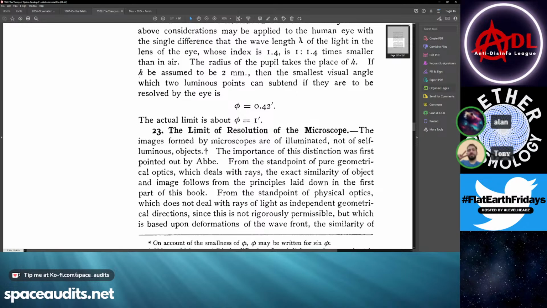Wait, so you're saying phi equals 0.42 arc minutes? That is the proper calculated value, and then they're just saying, but we say it's 1. Is that what just happened there? Yep, pretty much. The actual limit, I'm guessing, is based on testing of the human eye, and they say, okay, it's actually 1 arc minute.